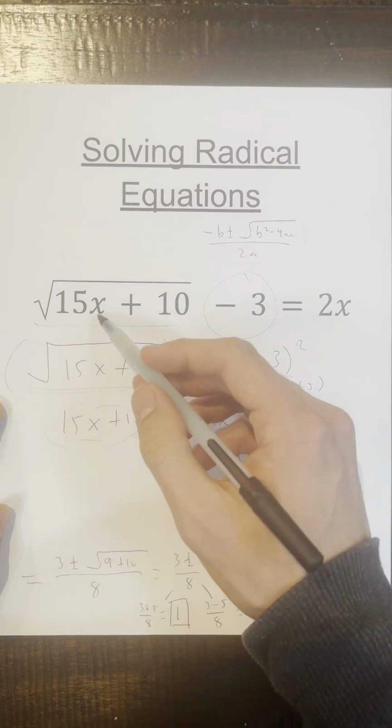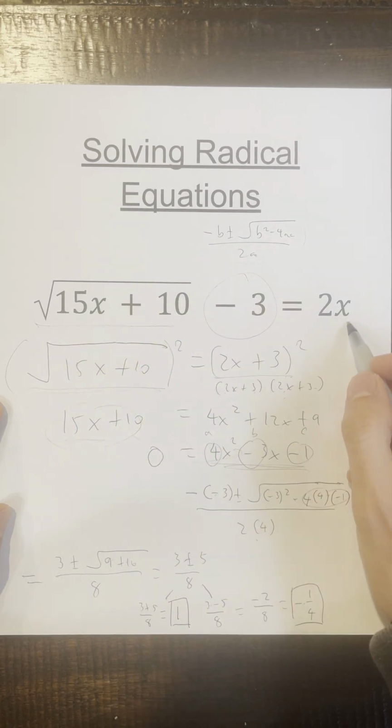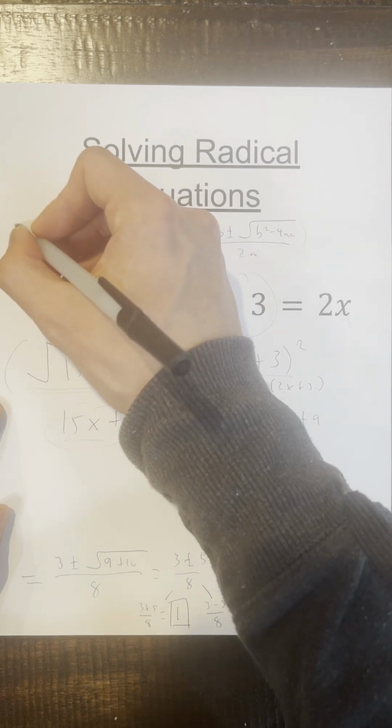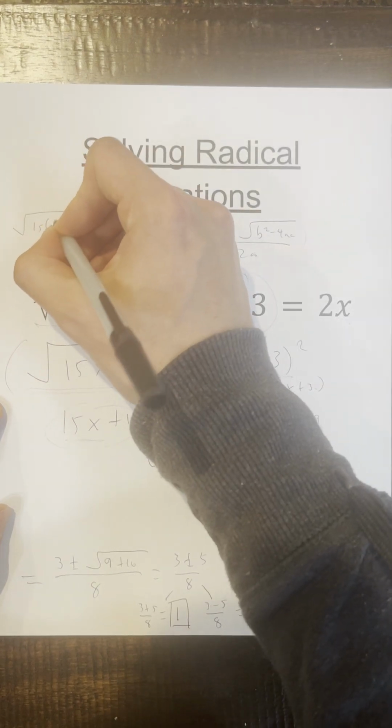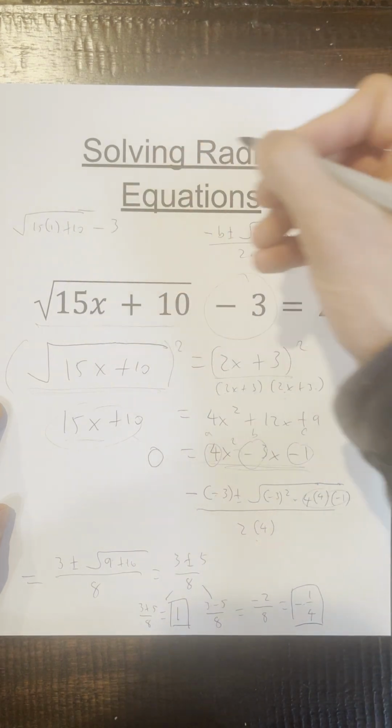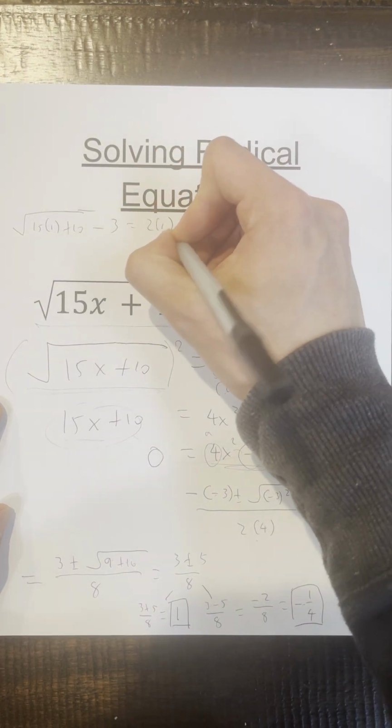But let's go ahead and plug it back into these two equations to make sure that they work. So we're going to get negative 15 times 1 plus 10 minus 3 is equal to 2 times 1.